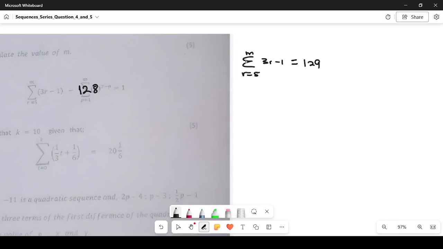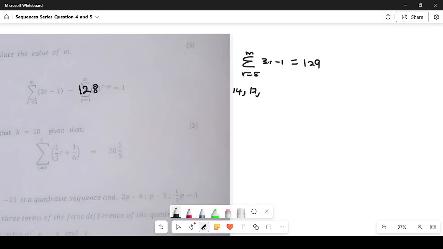Again, let us write down at least the first three terms of this nth term, and we'll substitute r equal to 5, 6, and 7. When r is 5, 3 into 5 is 15 minus 1, which gives us 14. Then 3 into 6 is 18 minus 1, 17.